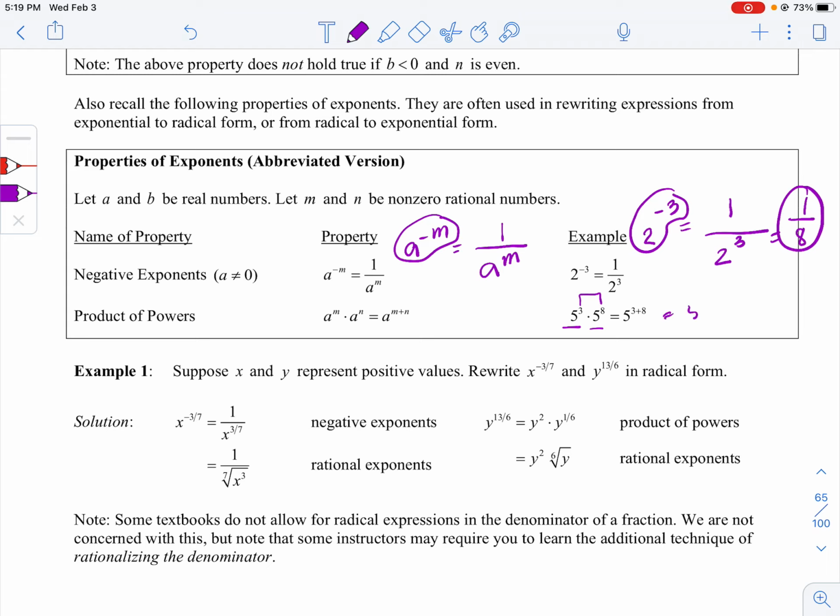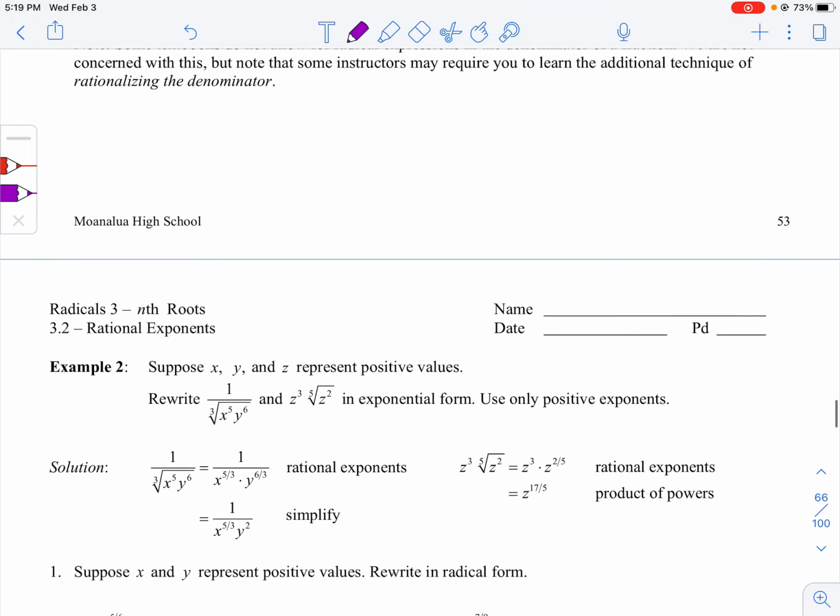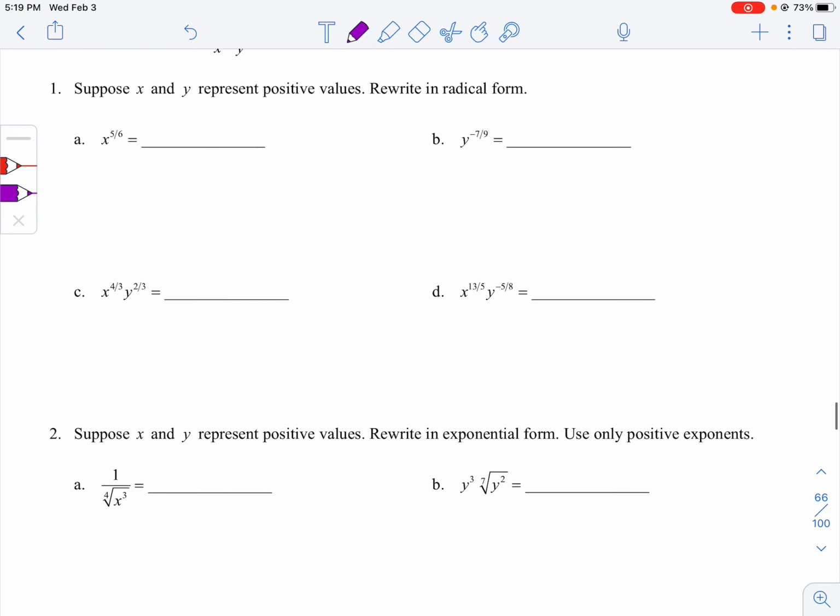So that is 5 to the power of 11, and that would be our answer. Or you could do 5 times 5 times 5 times 5, 11 times, but we don't have to do that because our goal here is just to know what the property looks like.